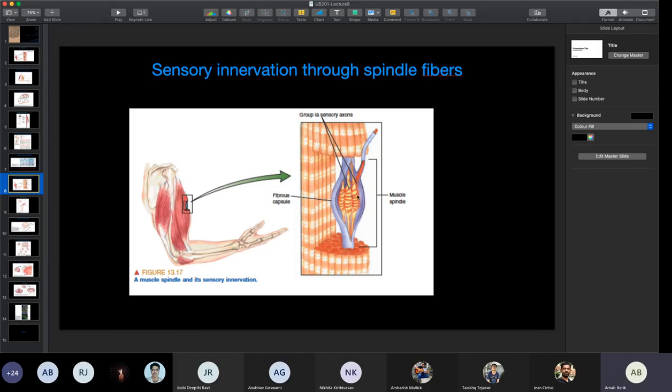Once it knows that, in real time it's sending information to your brain: okay, my arm is here, my muscles are here. Then your brain tells the spinal cord, okay, now move the muscle there, depending on where you want to move it.